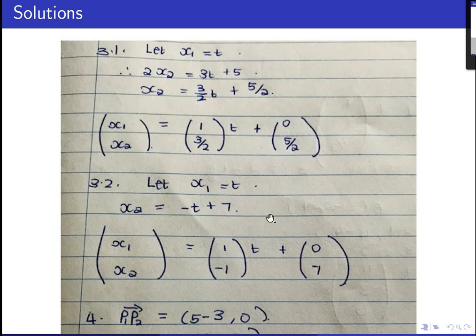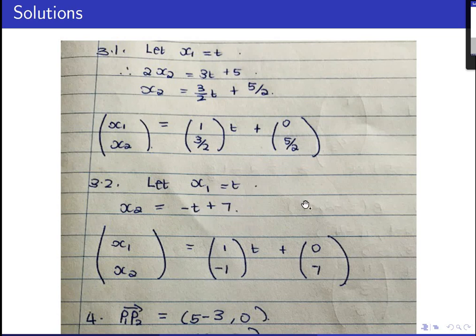And in 3.2, the same analogy just carries on, right? We let x1 be t. Once x1 is t, we solve for x2 in terms of t, which will be x2 equals minus t plus 7. So this is clearly our parametric representation.